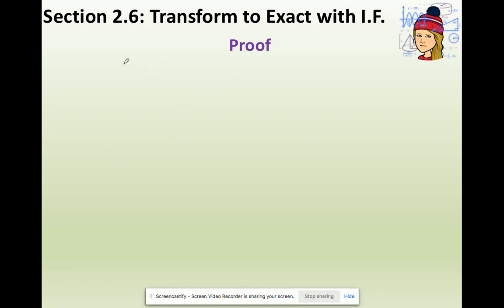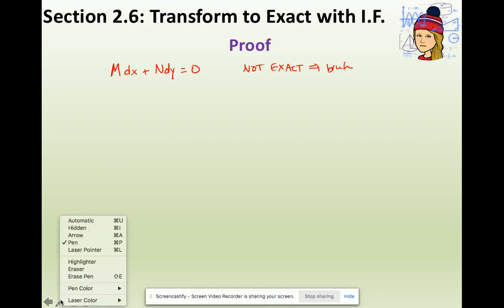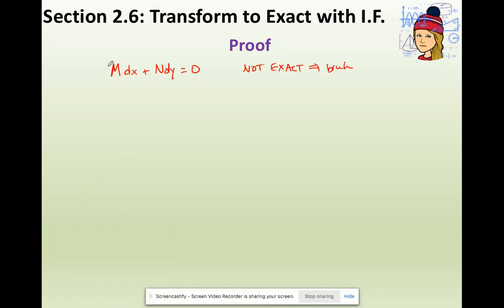So remember what we want. We want exact. So we have an equation. I'm going to drop the x, y's with the M and the N. The whole reason we're doing this is because we found this to be not exact. So what we want is to be able to find an integrating factor that I can multiply through here and get exact.